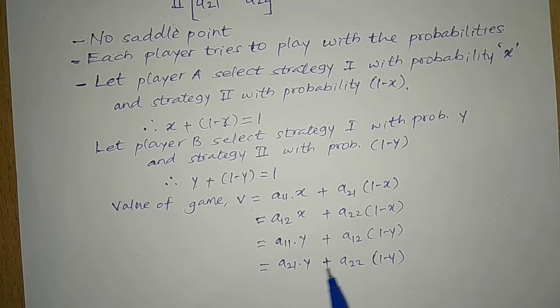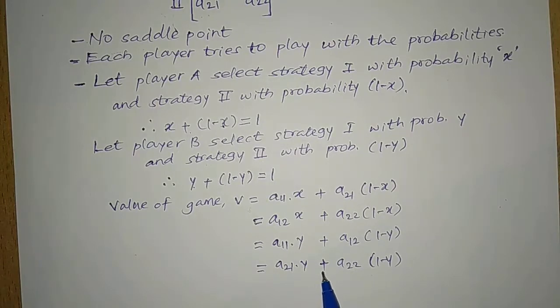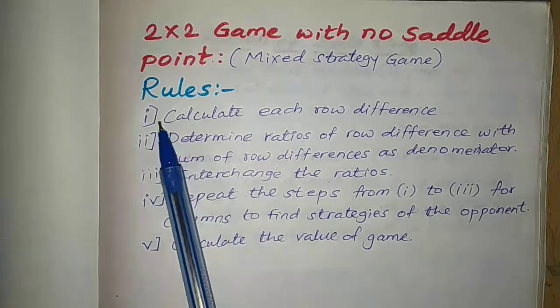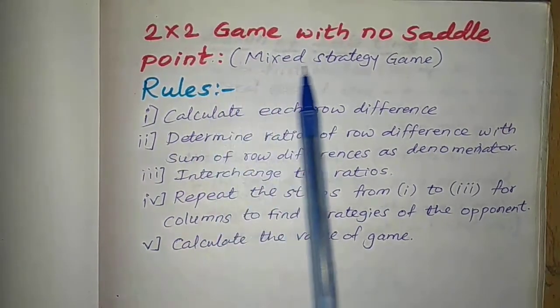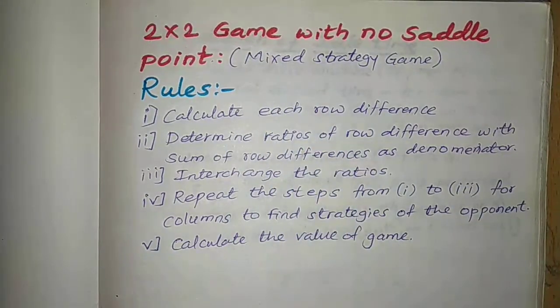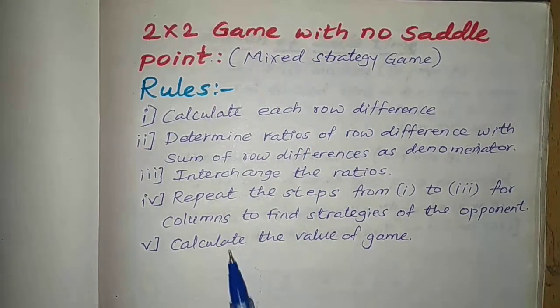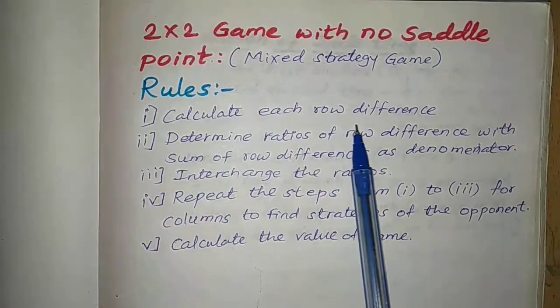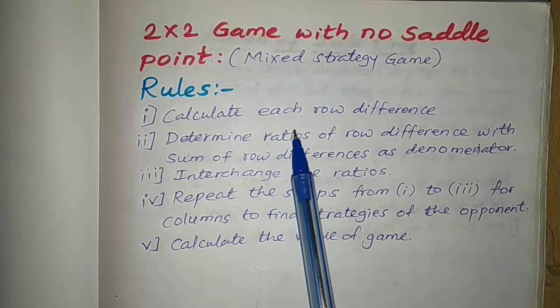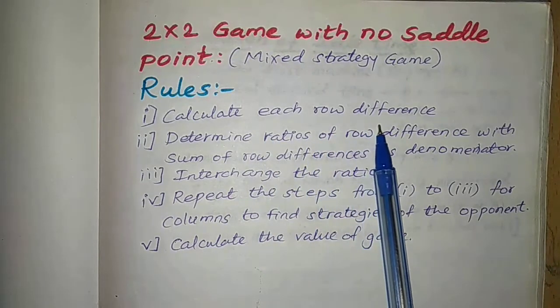How to find out easily these values of x and y? We can study now with a certain set of rules. Friends, let us discuss the certain set of rules to solve a 2 by 2 game with no saddle point, that is the mixed strategy game. First rule: we have to calculate the row difference for each row.